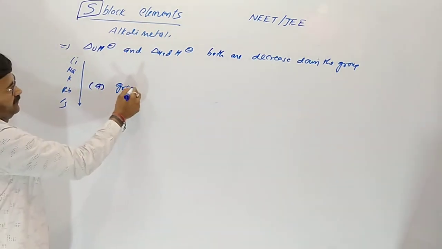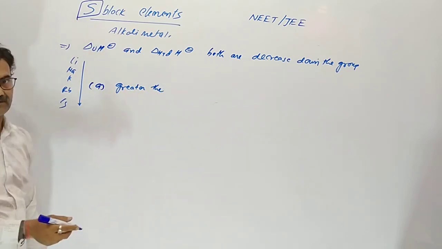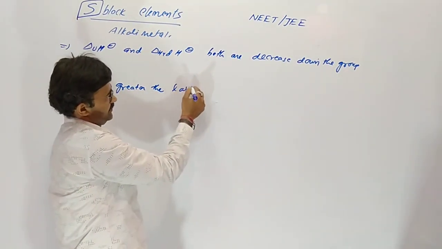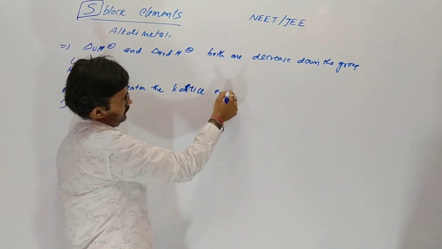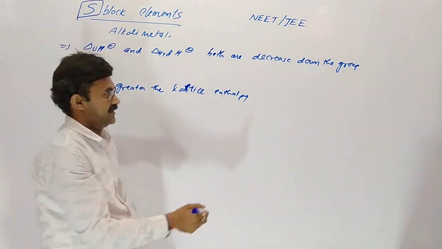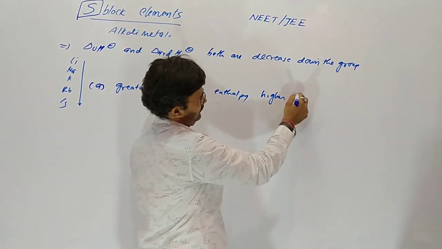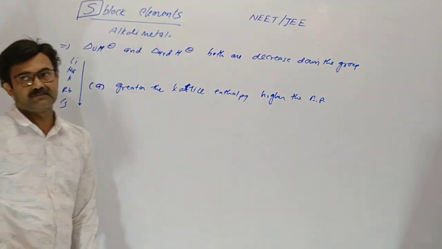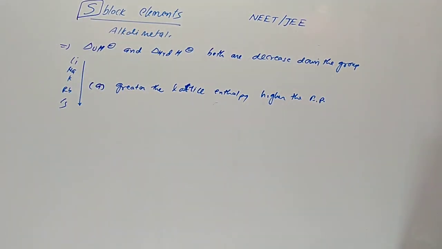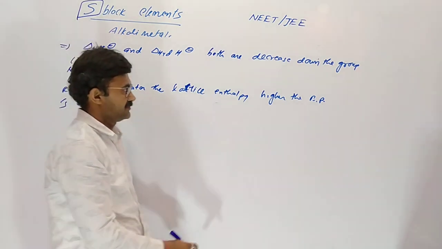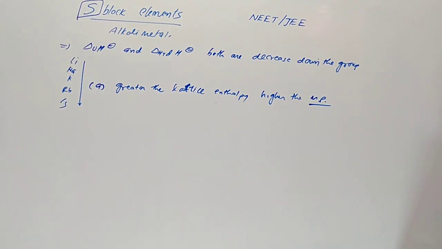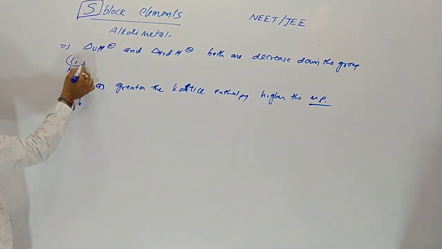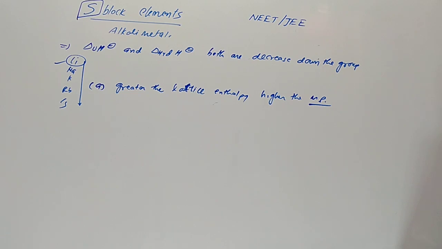So lattice enthalpy is highest for lithium, so the melting point is highest for lithium-containing compounds.